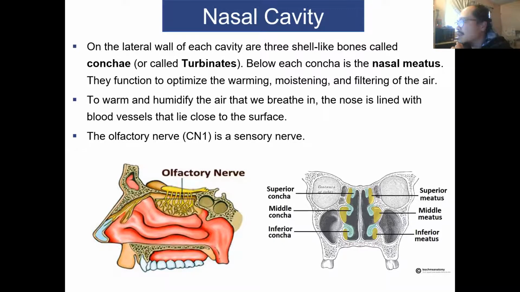So the function of the nasal cavity is to warm up the air and humidify the air. What else? What's the function of your nose? Smell, right? This is so important, especially at this time that we have COVID, one of the symptoms of COVID is loss of smell.